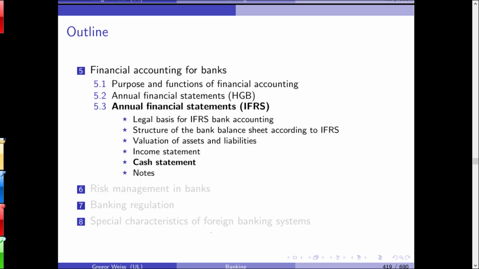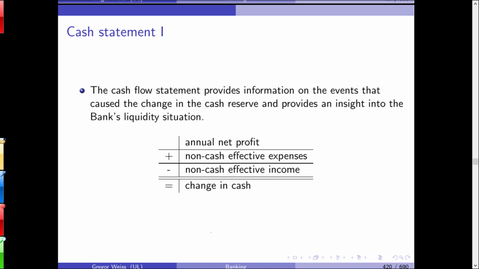Okay. In contrast to the German financial statement, you also need to have a cash flow statement. It provides information on the events that caused the change in the bank's cash reserve and provides an insight into the bank's liquidity situation. So you have annual net profit plus non-cash effective expenses minus non-cash effective income, and that's the net change in cash.